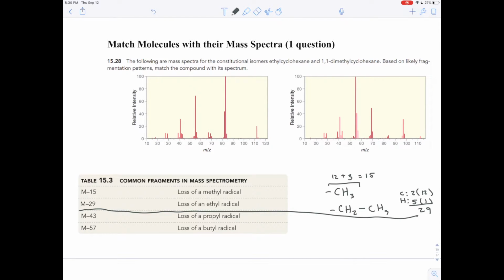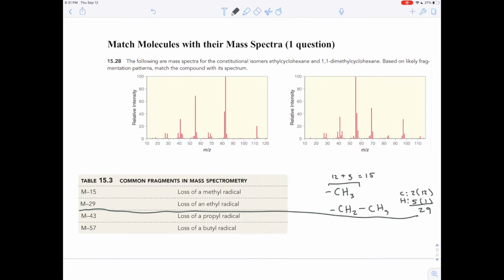And so, if a molecule has an ethyl branch, then the electrons at some point will knock that branch off, and you'll get a peak that's 29 mass units lower than the molecular ion peak. So you've got the molecular ion peak, and this is the mass of the ethyl group that's getting kicked off.